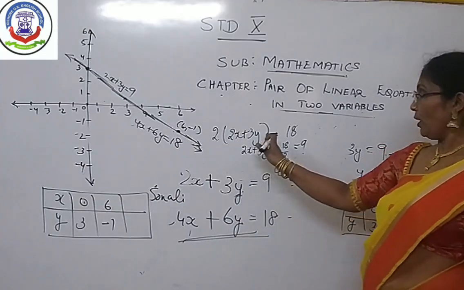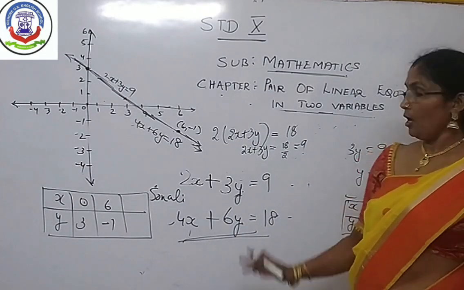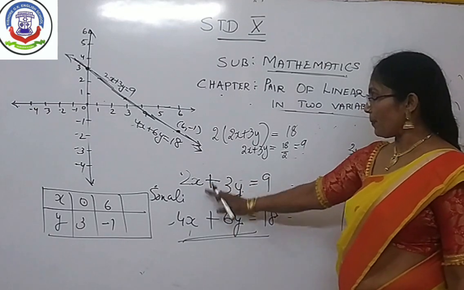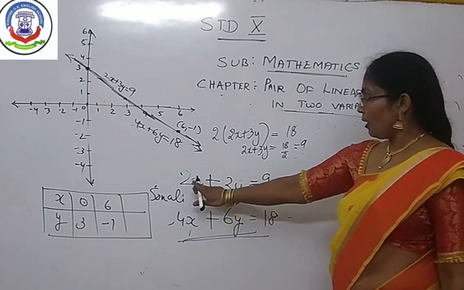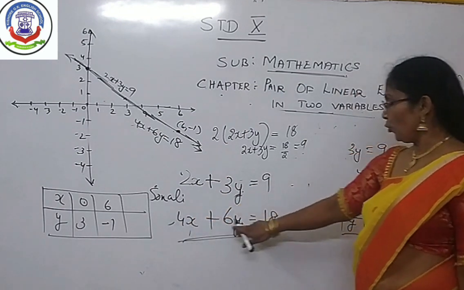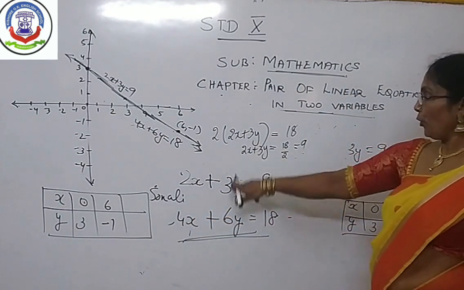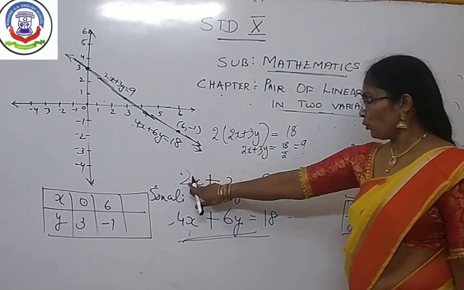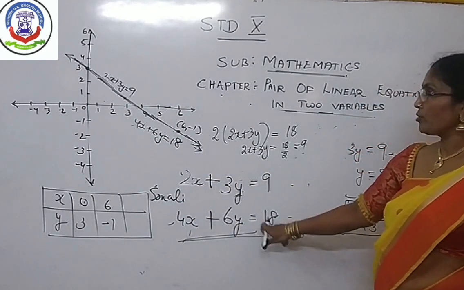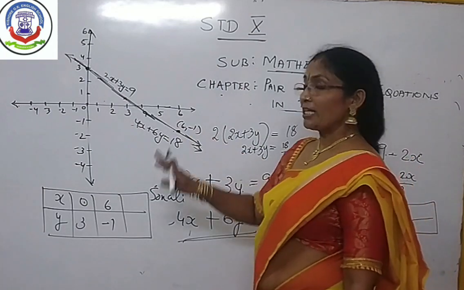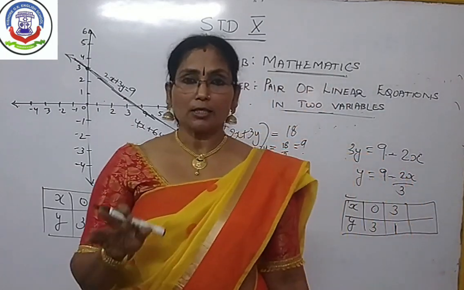That is why they are called equivalent linear equations, because both equations represent the same thing. You just multiply by 2 throughout and get the same equation: 2 into 2x is 4x, 2 into 3y is 6y, 2 into 9 is 18. That means basically both equations were the same.